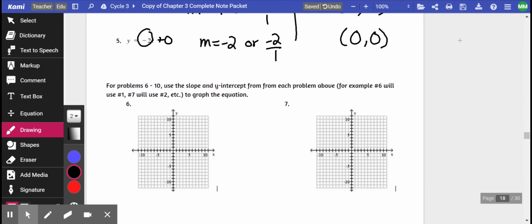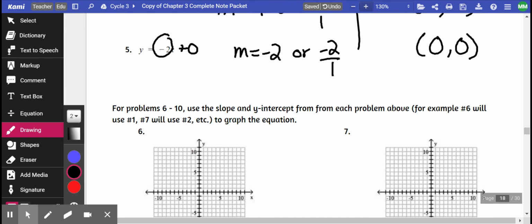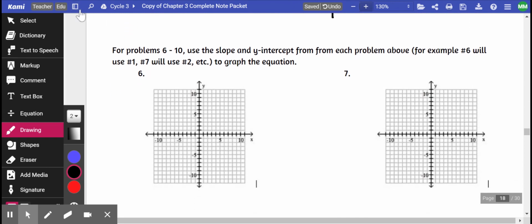Okay, in the next few problems, we're going to graph some equations. I'm just going to write down the equation we're graphing right above each of these. So for number 6, we're going to graph y equals 4x minus 2. Remember that we are going to start by graphing the b, or the y-intercept. That's our starting spot, so we're going to start at -2.